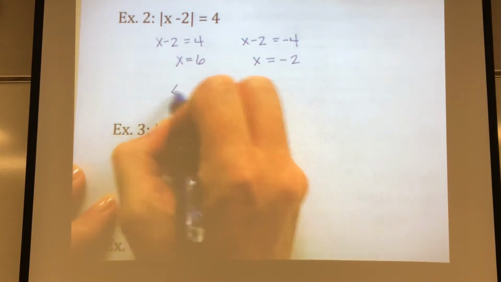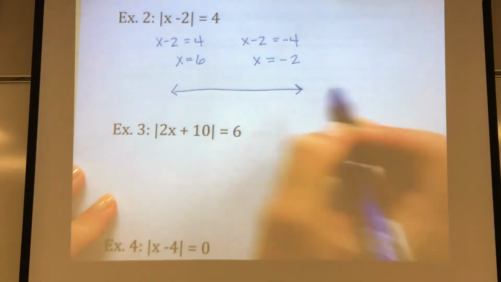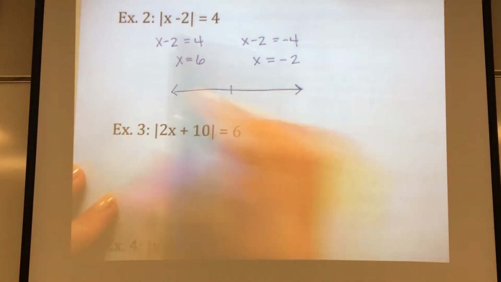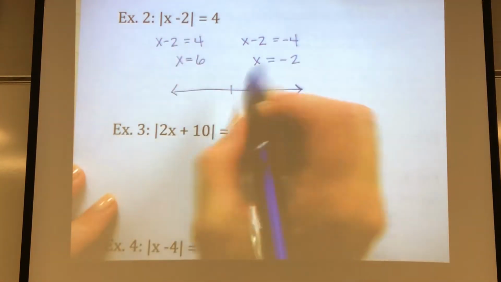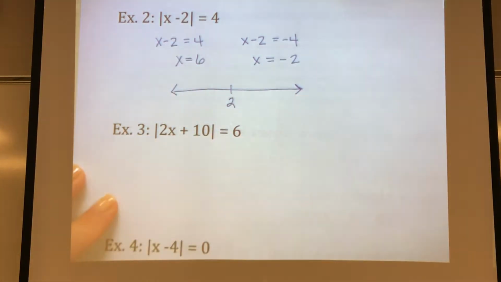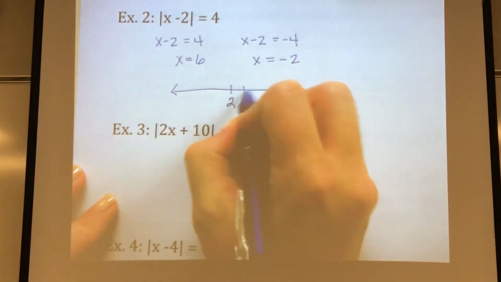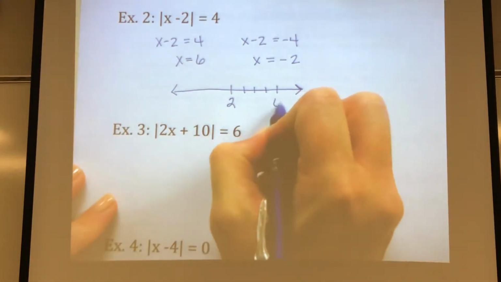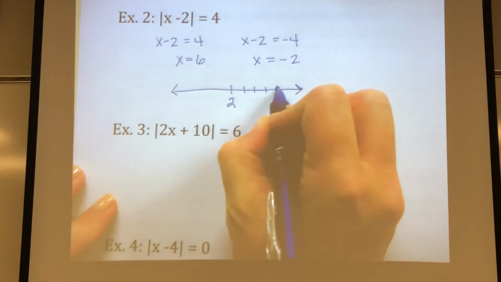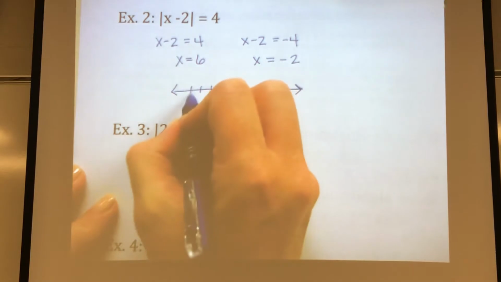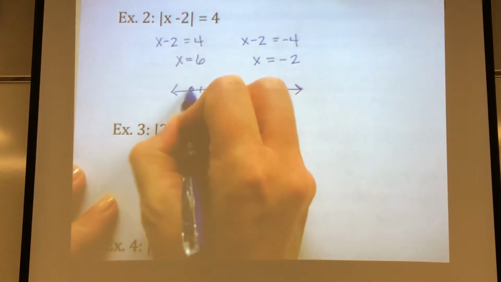All right, so what does this mean graphically? Well, instead of having our center at 0, like on the first one, this one has been shifted right 2. So now our center is at 2, and we're moving 4 units away from it. 1, 2, 3, 4 to the right gives us a value at 6, and 1, 2, 3, 4 to the left gives us a value at negative 2.